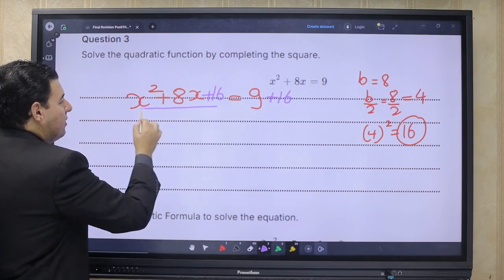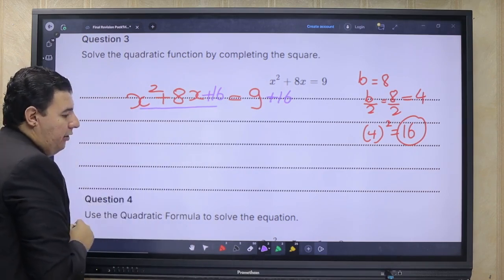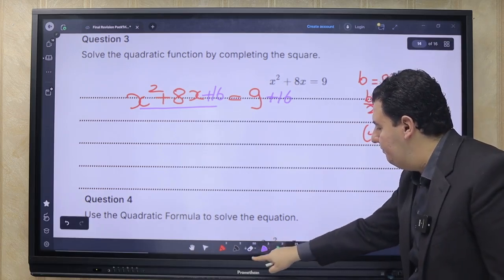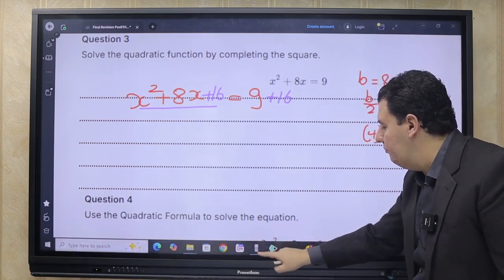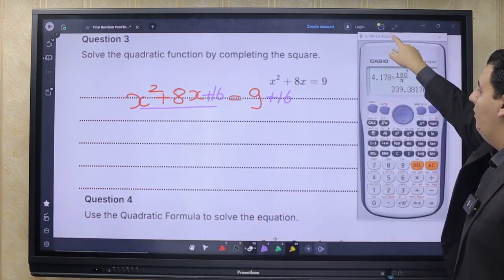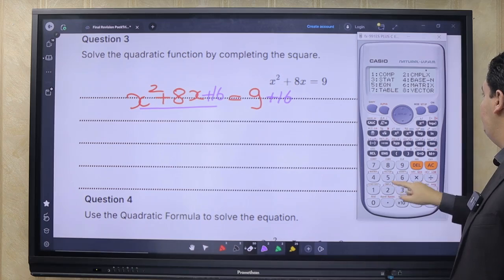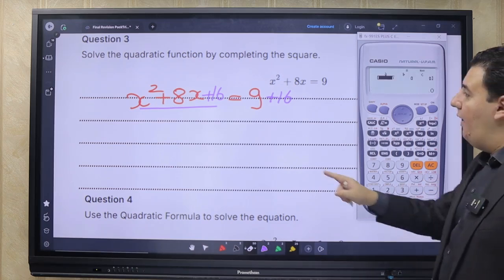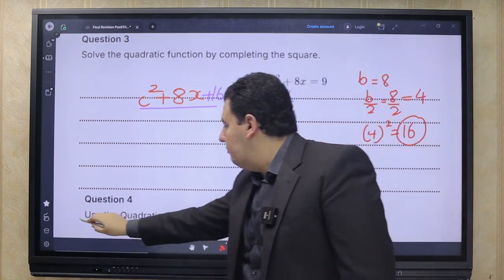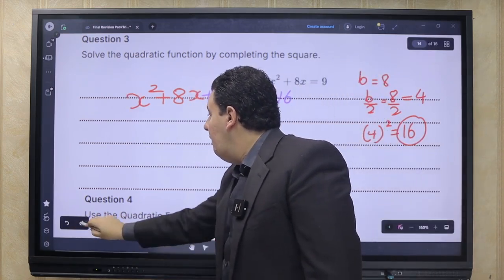How can we solve this equation using mode 5-3? Let's do mode 5-3 in front of you so you understand where it comes from. Mode 5-3. a equal 1.